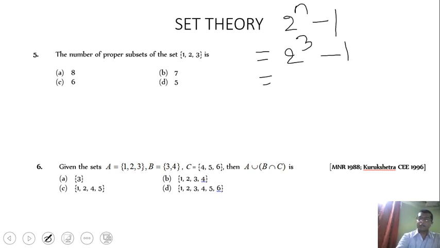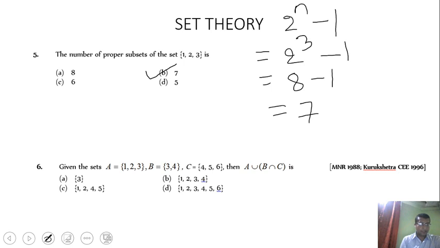If you simplify this, 2 raised to 3, that is 8, minus 1, we get 7. Therefore option B is the right answer.